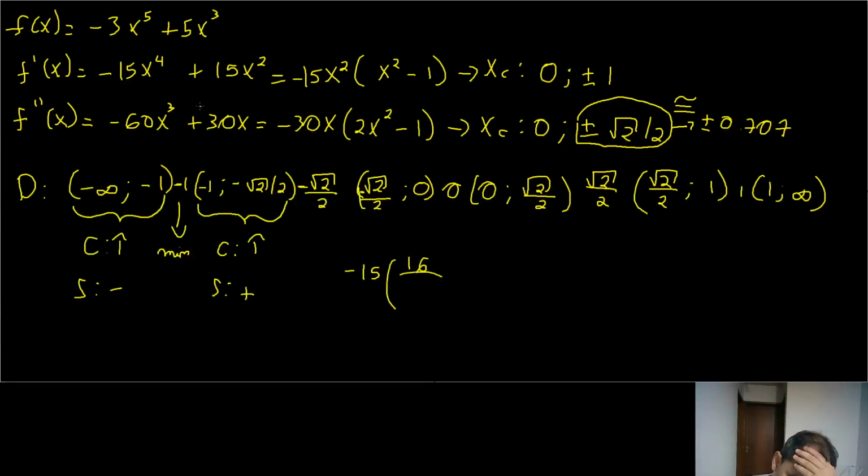In here, you're going to have 5 to the 4th. I think it's 625. Let me make sure. Yeah, it's 625.